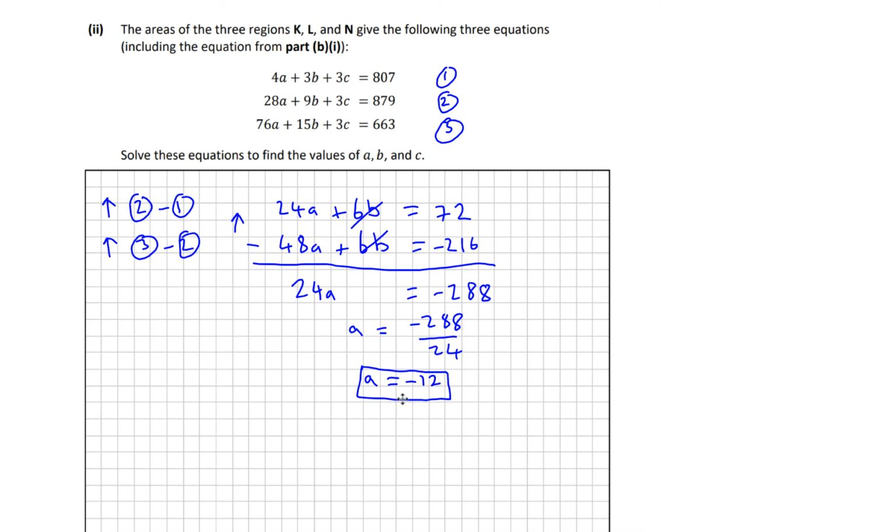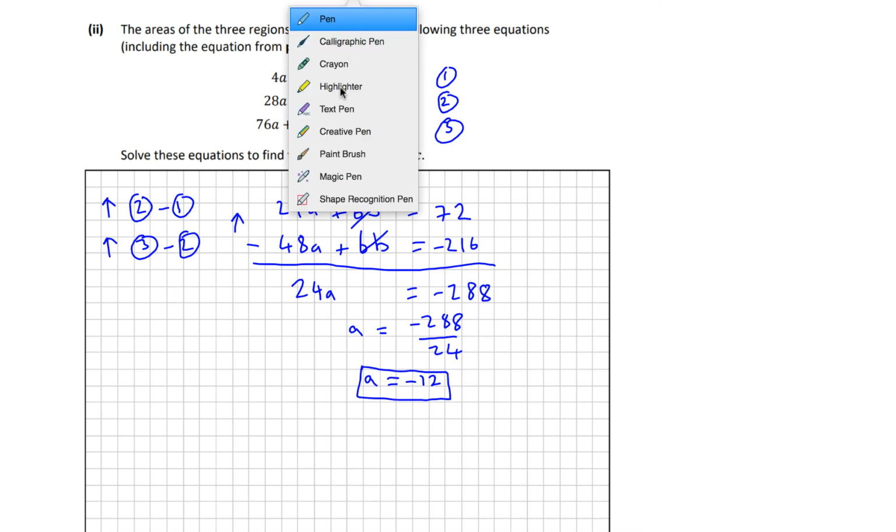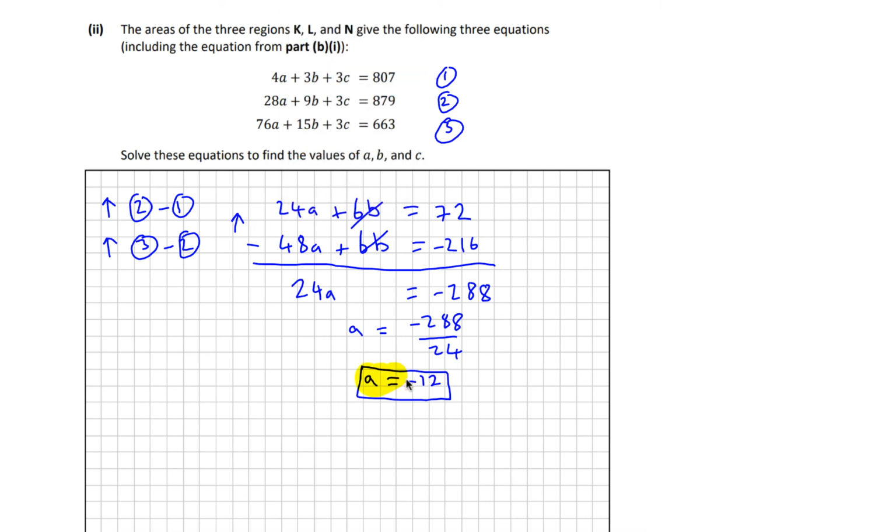So I found a. Okay, so now I can plug this value of a back into one of these equations. So I could plug it in here for a. If I do that, that equation then becomes 24 by minus 12 plus 6b equals 72.